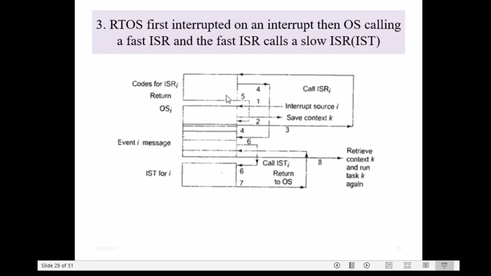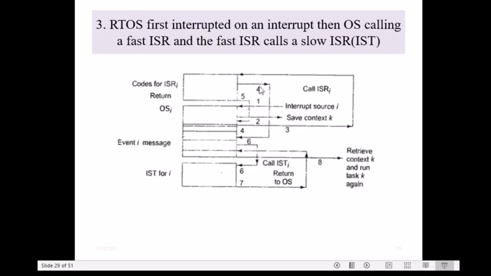Now the ISR starts execution. During the execution of the ISR, which is a high priority procedure, it generates some event messages. These event messages are used for initiating ISTs. So ISTs are the actual procedures, and the ISTs, which are slow ISRs, are initiated when the event messages are generated by the ISR.